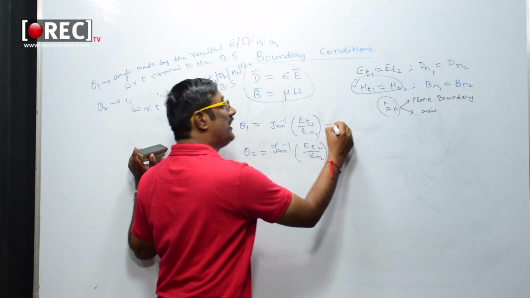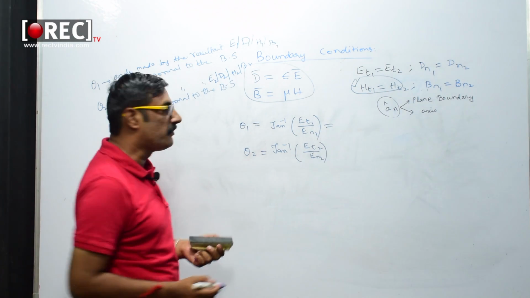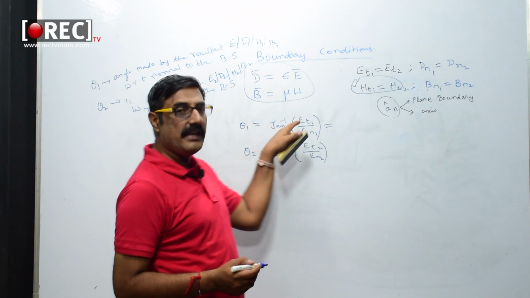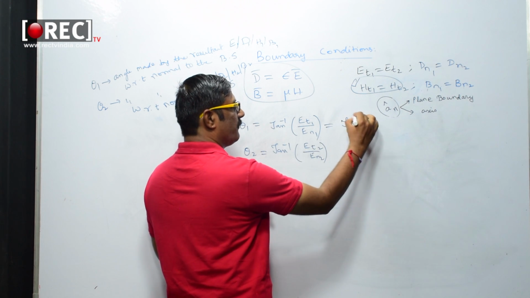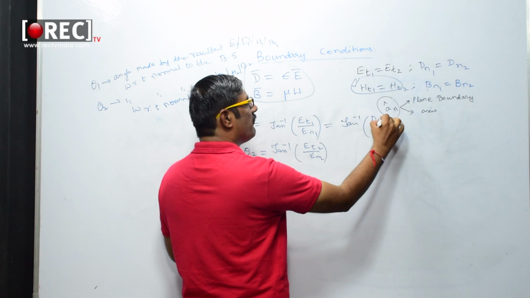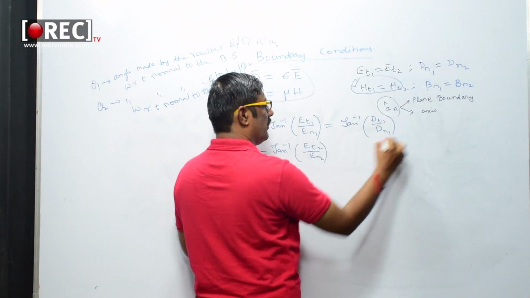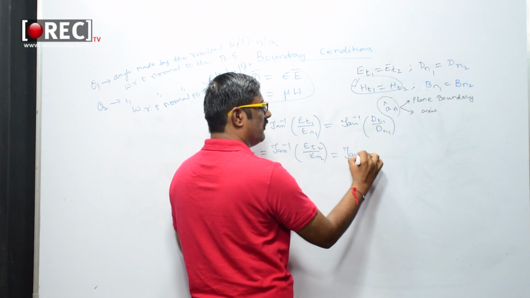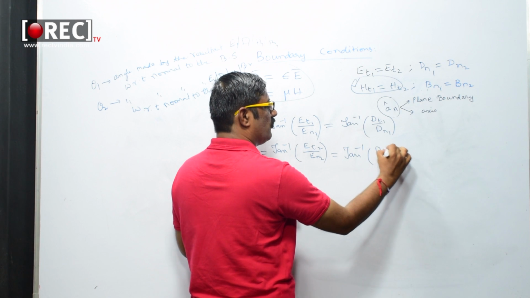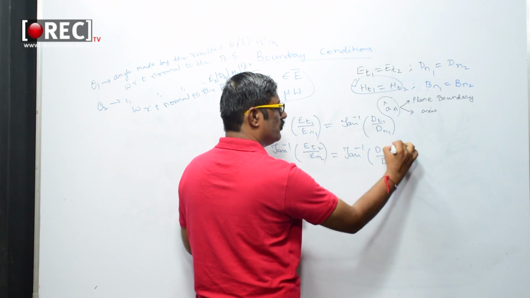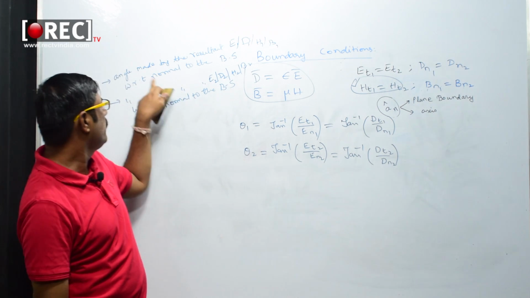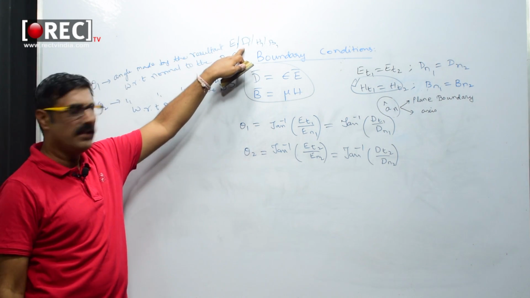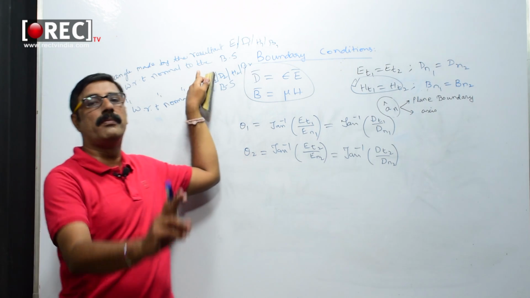Or if you know the D vectors, that means if you know the tangential component of D and the normal component of D, then just replace E with D. So it is tan inverse Dt1 by Dn1, and here also it is tan inverse Dt2 by Dn2. So these are the relations to determine theta 1 and theta 2, where theta 1 is the angle made by the resultant field with respect to the normal to the boundary surface.